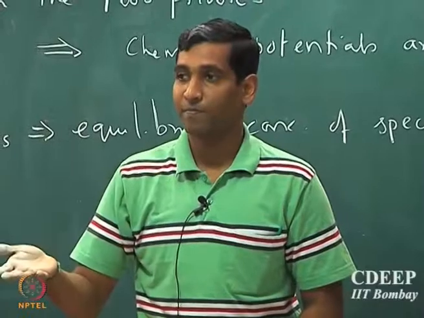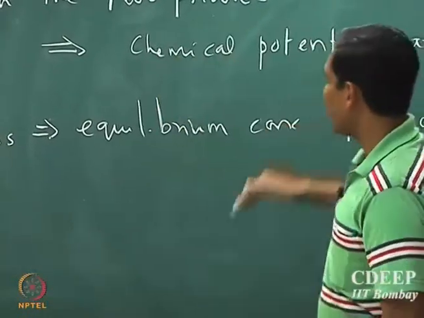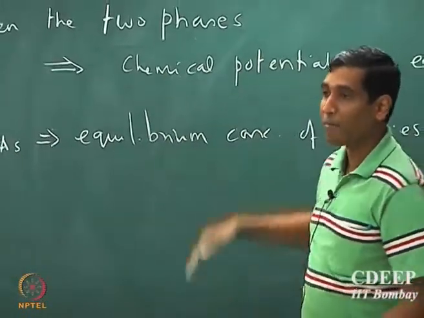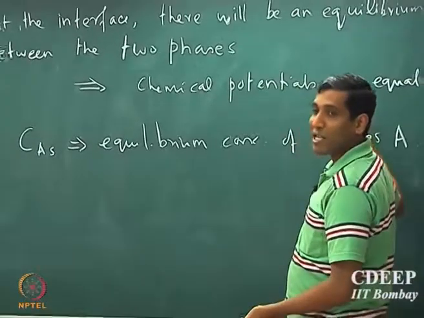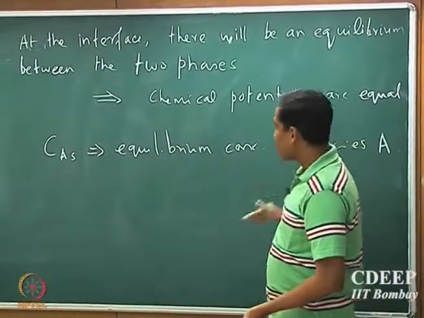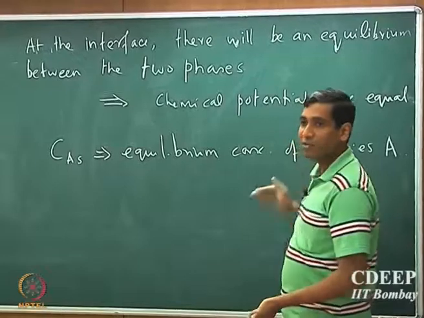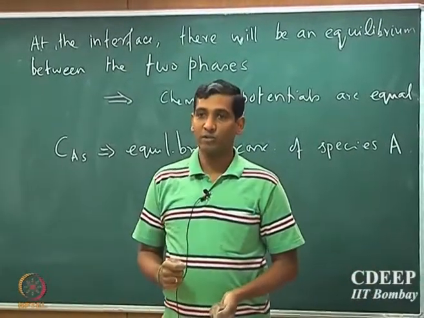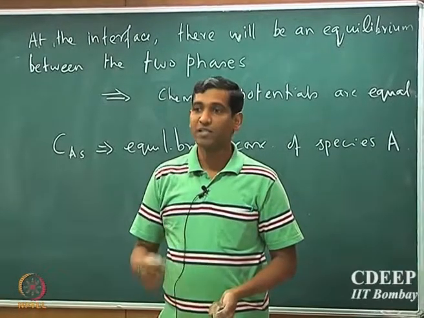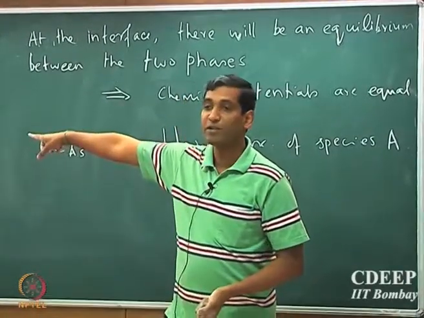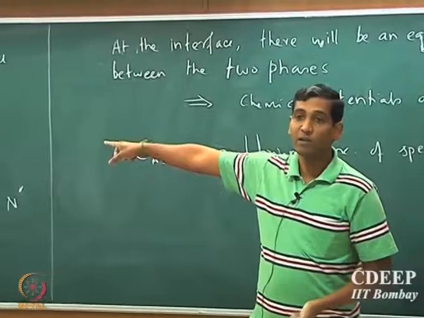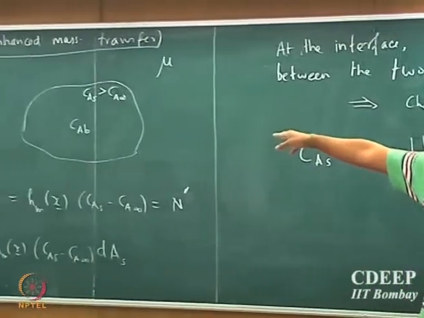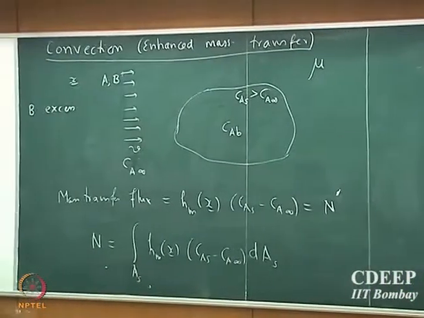There is an upper limit, and the correct way to balance that upper limit is by equating the chemical potential. So what equilibrium concentration really means is what would be the concentration, based on the solubility of the species in these two phases, if the chemical potential has to match.